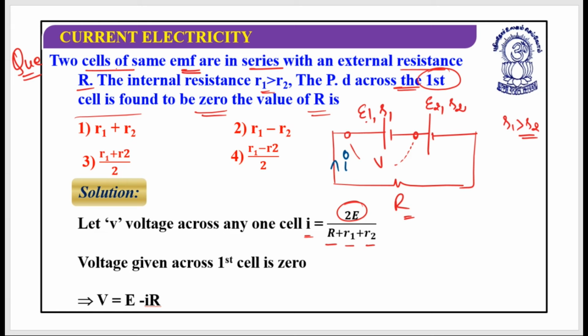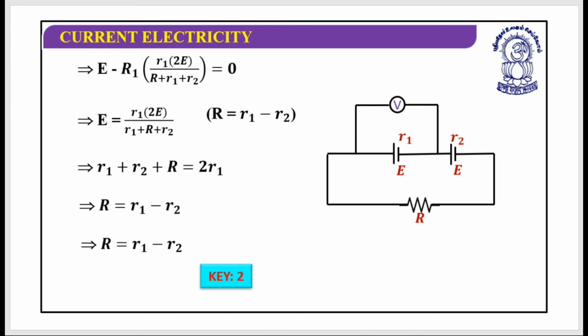Now they mention that the potential difference across the first cell is found to be 0. If the voltage across the first cell is 0, then I can write V is equal to E minus Ir, and then put the value that V would be equal to 0.